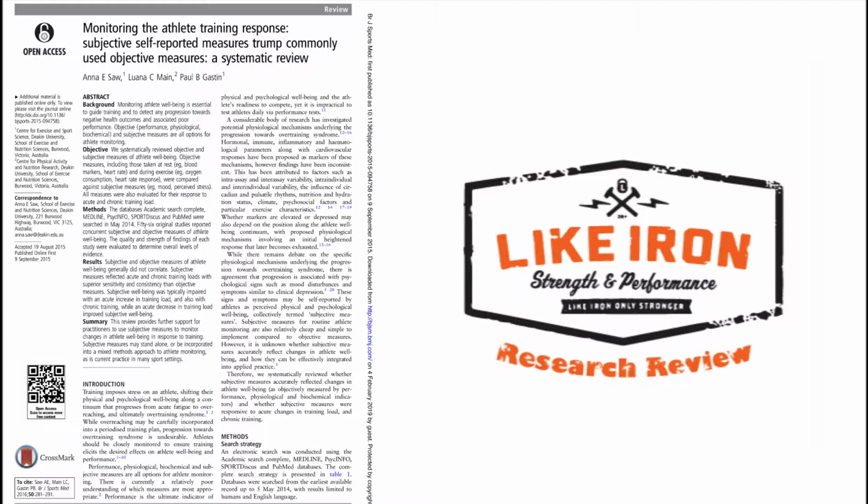Another limitation, these subjective measures are pretty extensive, right? I think they used 3 or 4 questionnaires, at least all the studies did. They used different ones. But these are questionnaires of like 15 questions sometimes, where in a real life setting, at least in our setting, especially if we're coaching distance or online, it may not be realistic to get those questionnaires filled out.